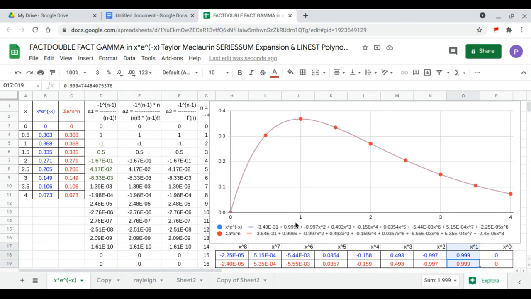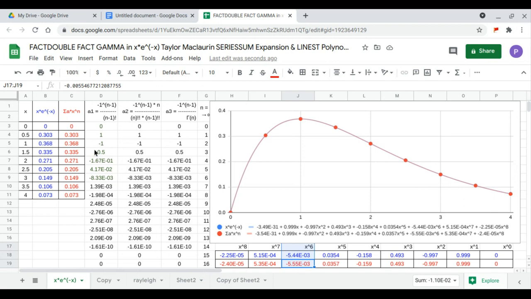Coefficient of x, 0.999. Coefficient of x squared, negative 0.997. Coefficient of x cubed, 0.493. Coefficient of x to the fourth, negative 0.159. Coefficient of x to the fifth, 0.0354357. Just a slight error. Coefficient of x to the 6, 5.44 times 10 to the minus 3, 5.55 times 10 to the minus 3.